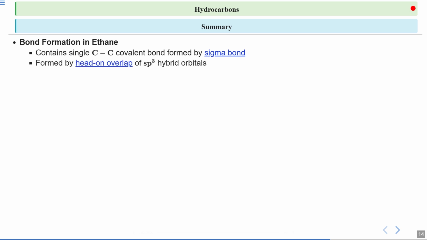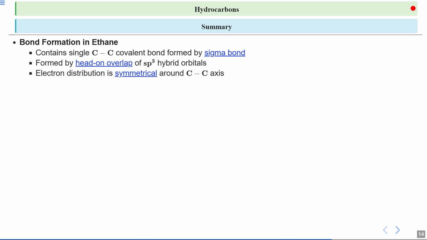Now, these sp3 hybrid orbitals overlap head-on, meaning they come in front of each other and overlap with their heads. Take a hybrid orbital: the part where the orbital is attached to the atom can be considered the tail, and the lobe side is the head. So they are overlapping with each other in a head-on fashion.